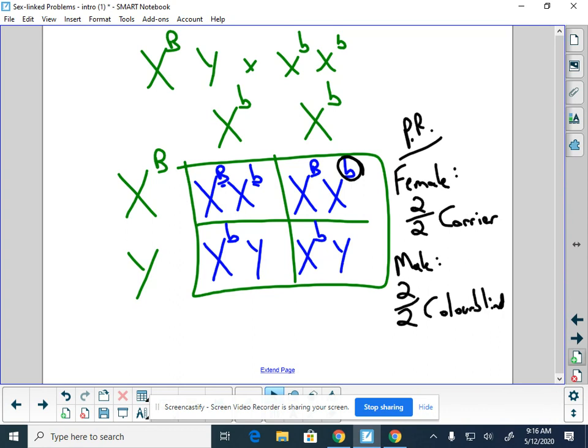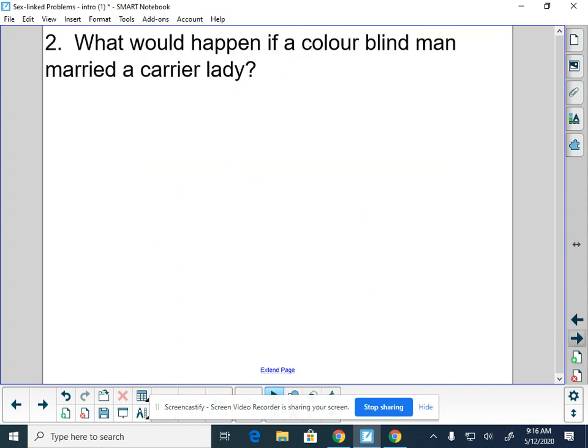There's your first one. Question number 2. What would happen if a colorblind man married a carrier lady? I won't redo the legend that you saw in the first card. It's the exact same legend though. So we have a colorblind man, X little b, Y, married a carrier lady.